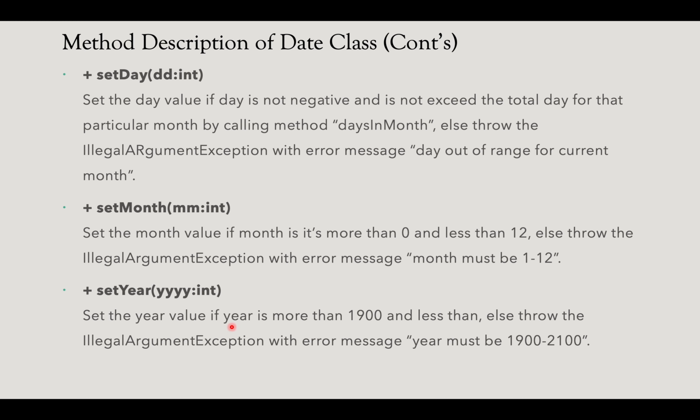To set the year value if the year is more than 19,000 and less than 21,000, else we will throw the IllegalArgumentException with the error message that the year must be between 19,000 and 21,000. All right, so these 3 methods check the conditions, and then we will throw the error message.